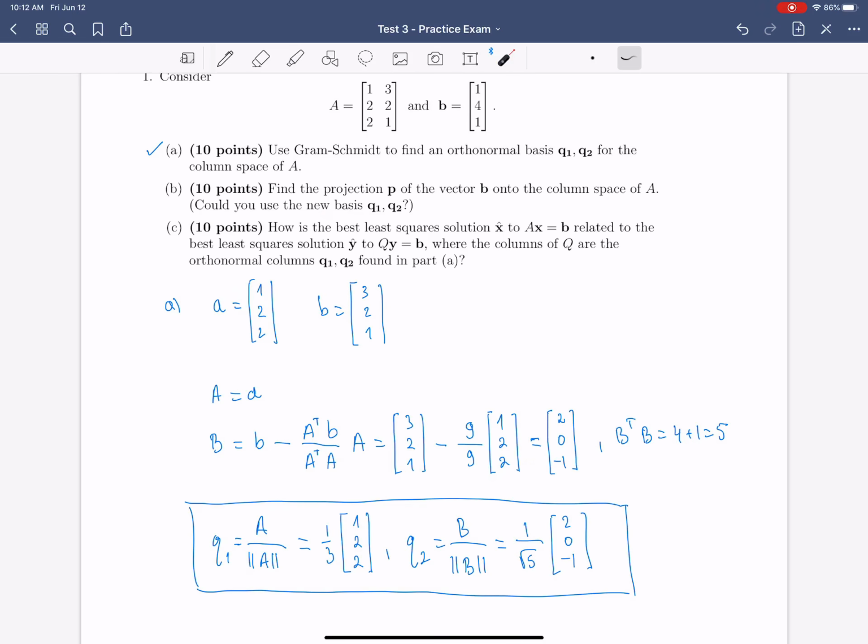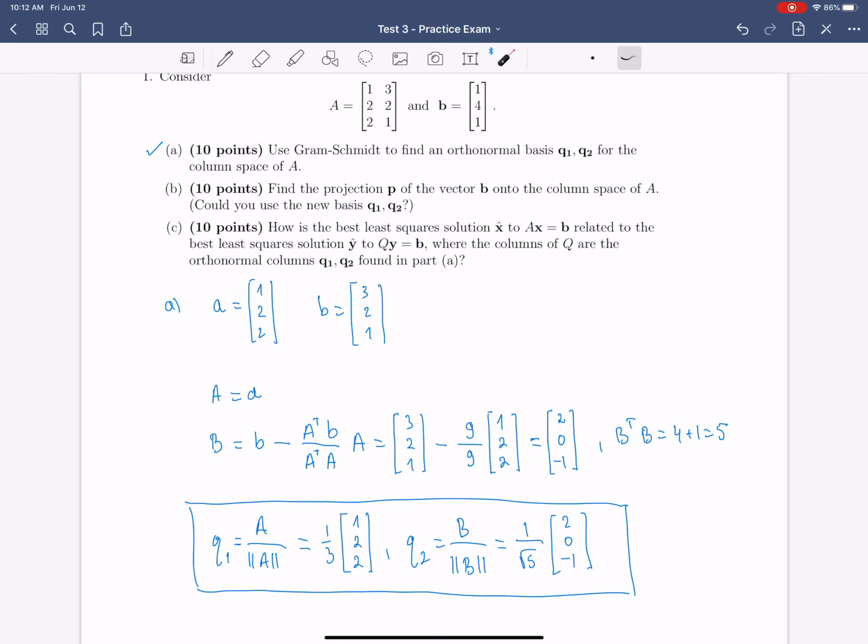Well, what is Q1, Q2? So let's go back to A. It says use Gram-Schmidt to find an orthonormal basis Q1, Q2 for the column space of A. In fact, part A of this problem reminds you that when we apply Gram-Schmidt, all we are doing is finding a new basis for the same space.